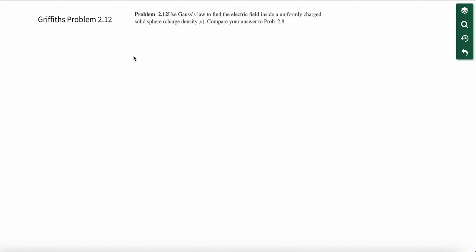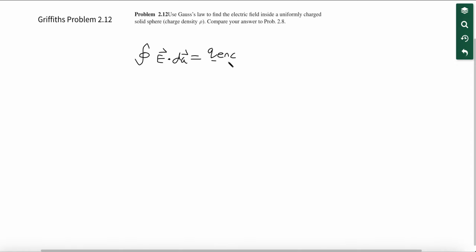The first thing we're going to do is write out Gauss's law, which is this closed surface integral of the electric field dotted with the area element dA, and this is equal to the charge enclosed over epsilon naught.